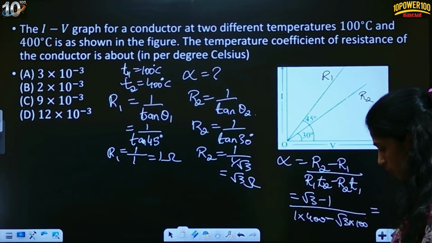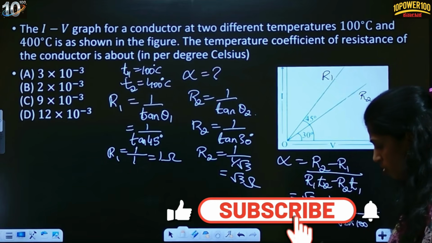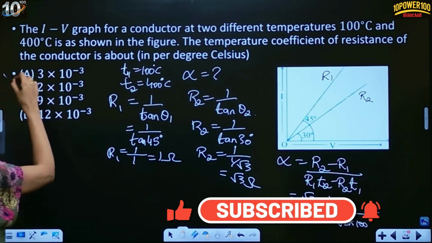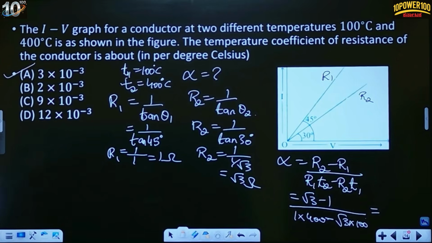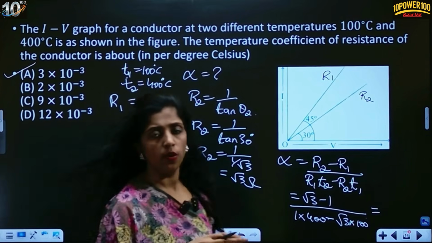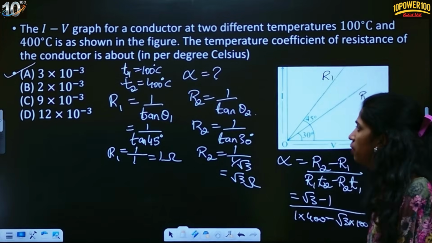I'll just cross check over here. Yeah, it's around 3 into 10 power minus 3, guys. That's it. So 3 into 10 power minus 3 per degree Celsius is what you are getting. Just take the root 3 value, and directly you can solve it.